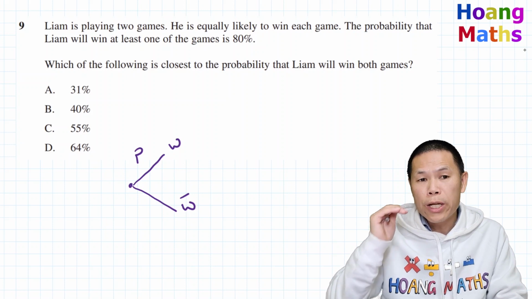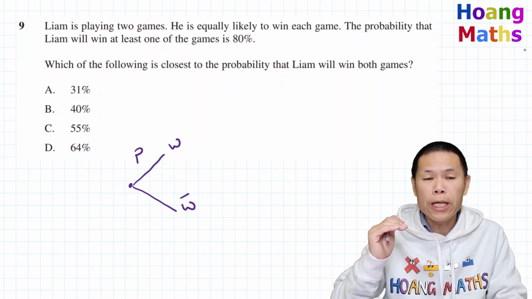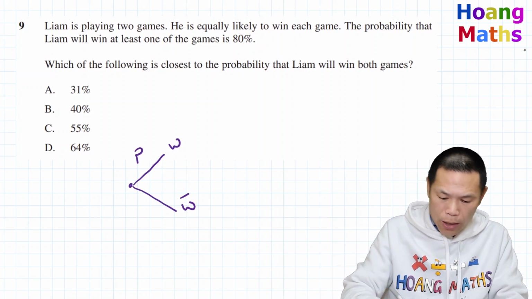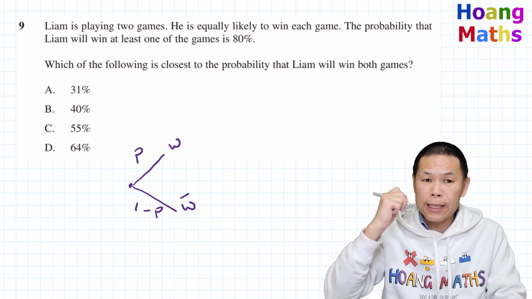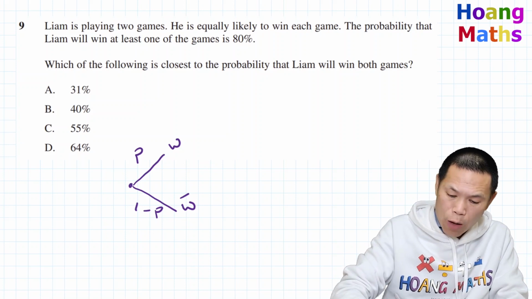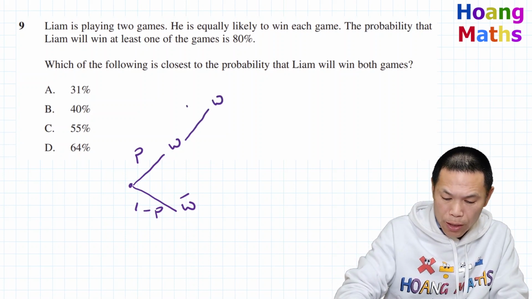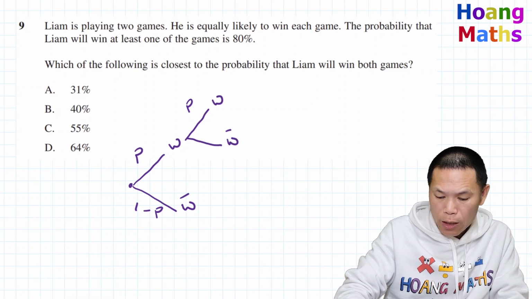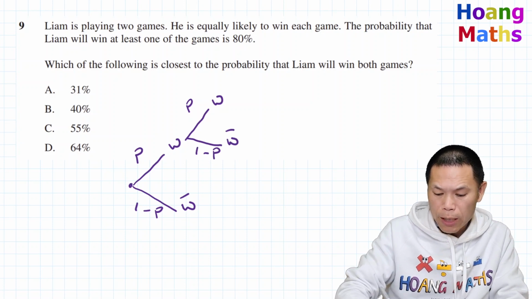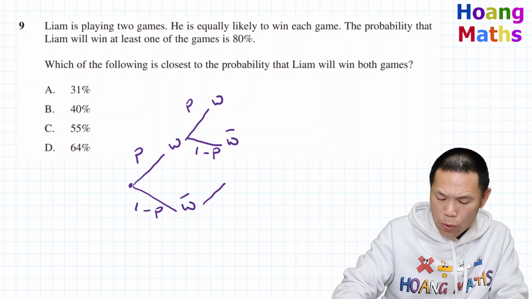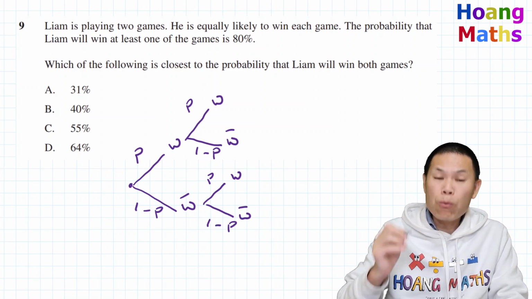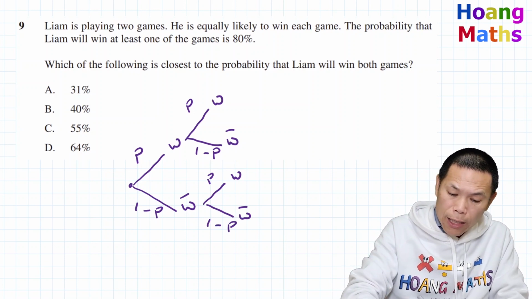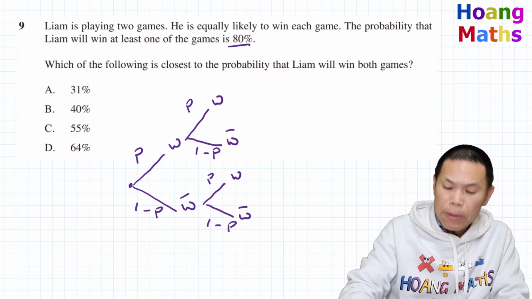Because the probability of winning is P, therefore not winning will be 1 minus that, so 1 minus P. And the second game has exactly the same probability of winning. So therefore win is P, and not winning, of course, is 1 minus P. And either win, which is P, or not win, 1 minus P. And we know that the probability that Liam will win at least one game is 0.8.